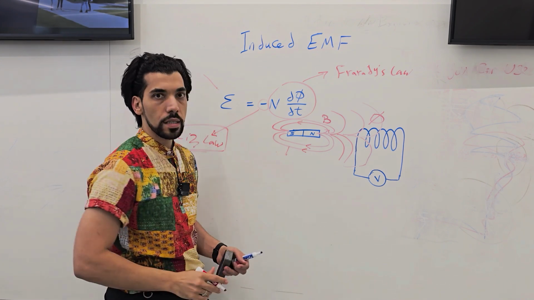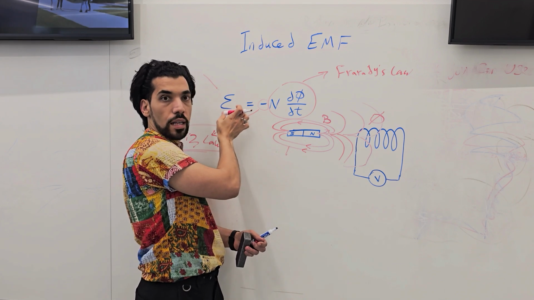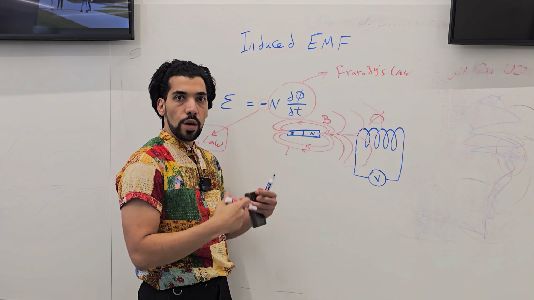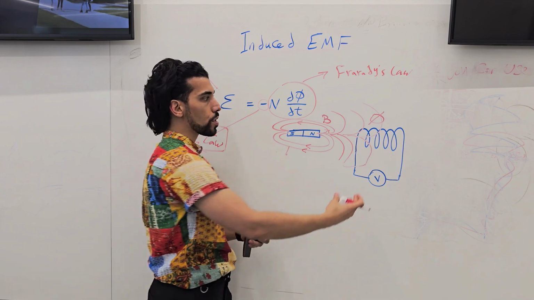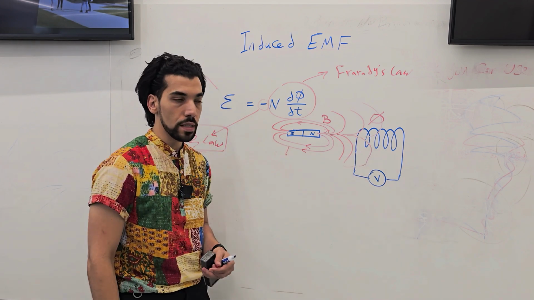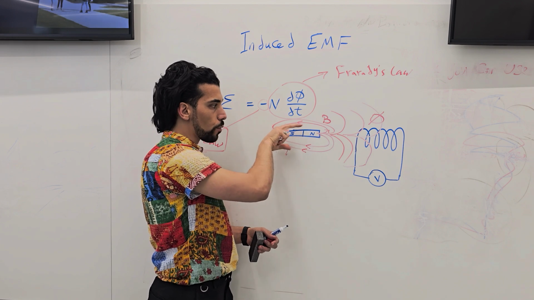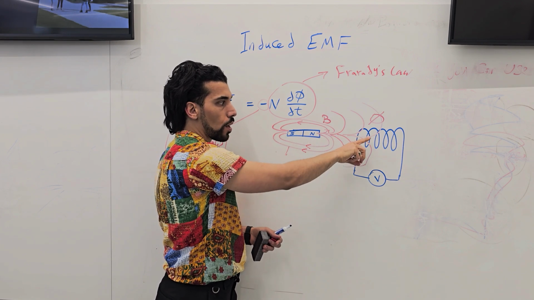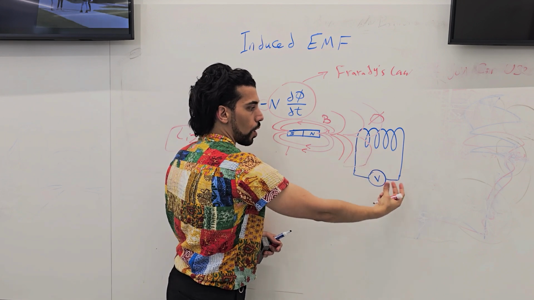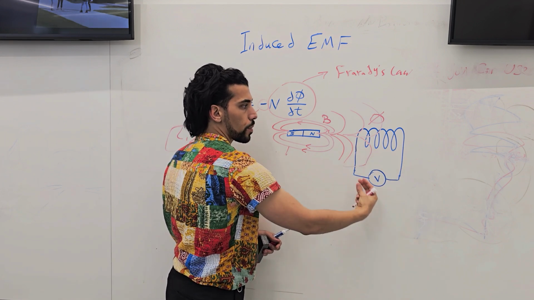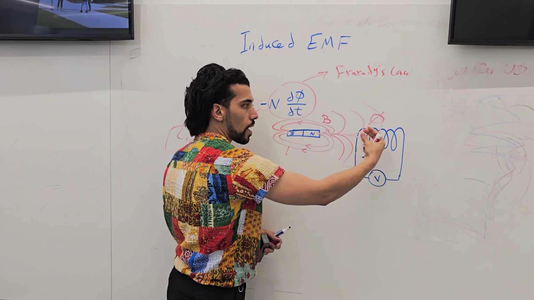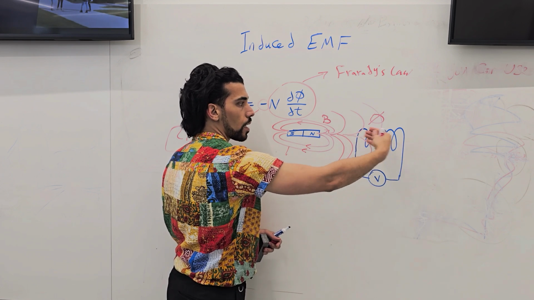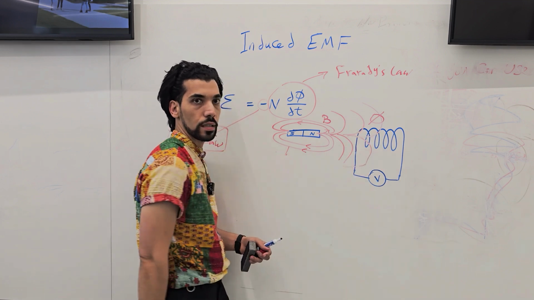And this sign means that the induced electromotive force that is produced in this coil is produced in a way that opposes the action that's happening here, which means if I am approaching this magnet towards the coil, the coil has to produce some magnetic field, or the electromotive force produced here is going to create some magnetic field that's opposing the increase of the magnetic field.